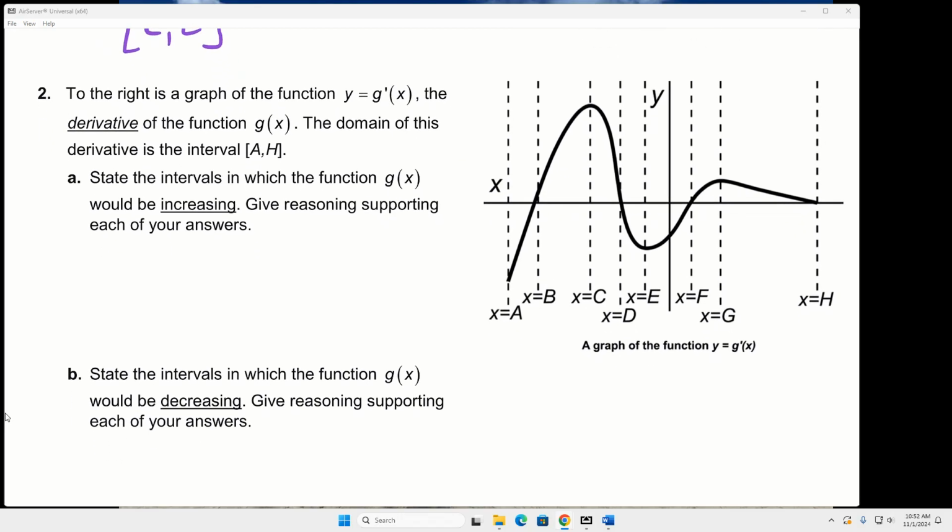So what do you guys think about increasing intervals? When the derivative is positive, so that's going to be from B to D, and then again from F to H. And the reason is g prime is positive.